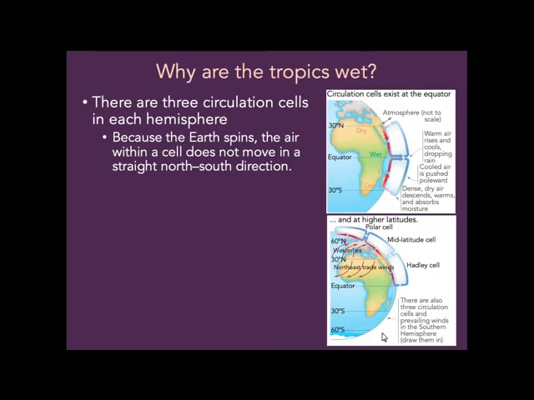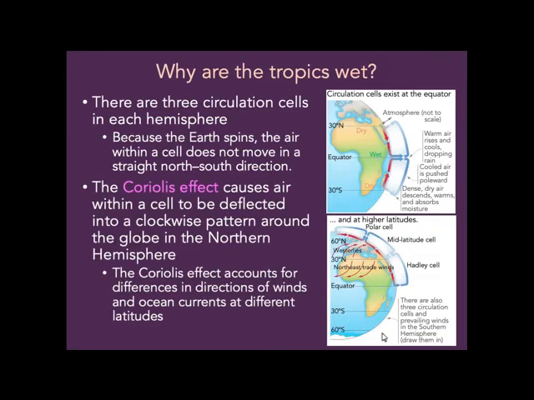All right. I should also point out, like I just said, there are three circulation cells in each hemisphere. And we've drawn them like they go straight up and down, right? But they actually don't go quite straight up and down. Because of the spin of the Earth, the air in each cell doesn't move straight north-south, and instead it goes at an angle. And this is caused by the Coriolis effect.